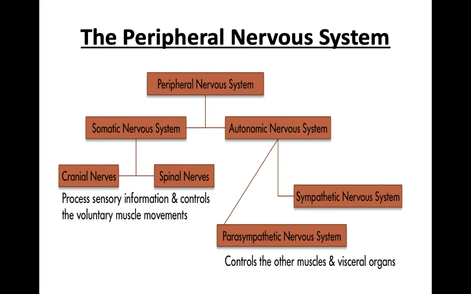You can think of these as operating in a push-pull fashion, like on and off, so that our body maintains homeostasis, with balanced levels. But when we're very nervous or afraid, you might remember experiencing a dry mouth.